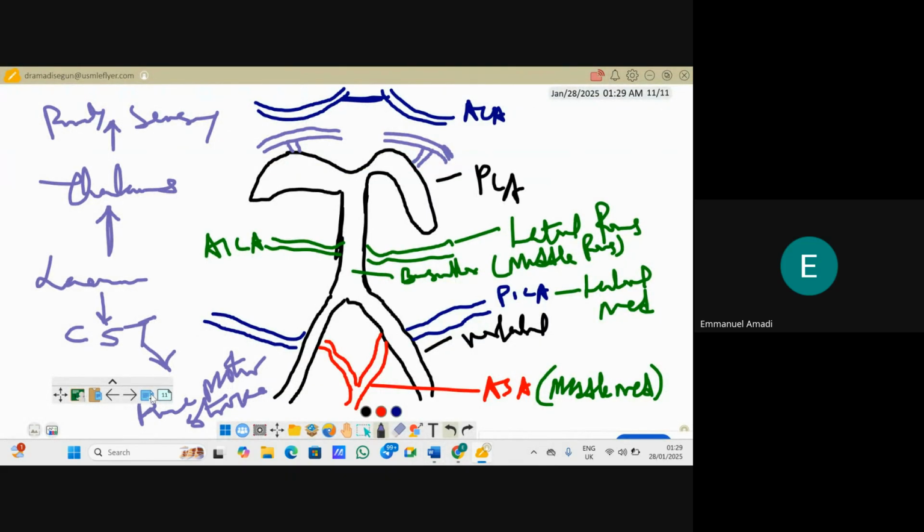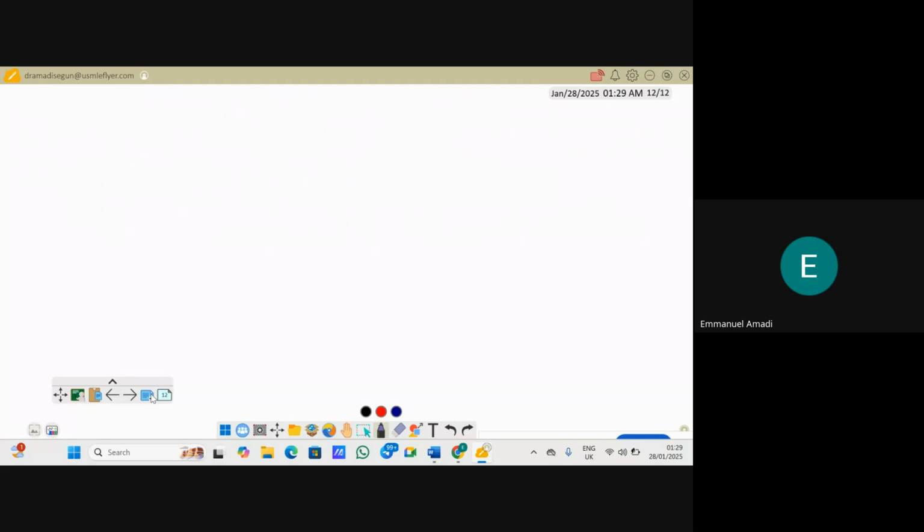Now, like I told you, management of stroke requires you to know what is the best next thing I'm going to do at every single point in time. That is what is important. They brought in this patient. What am I going to do next?